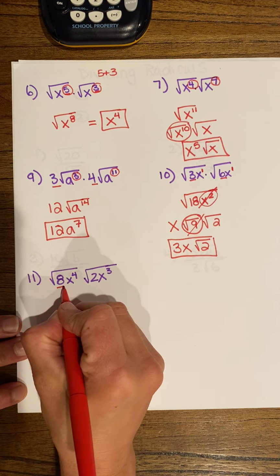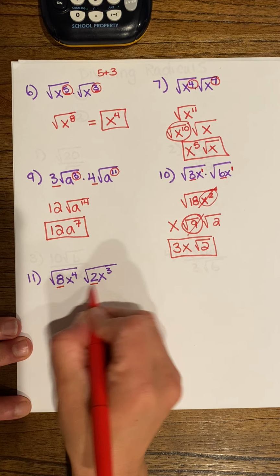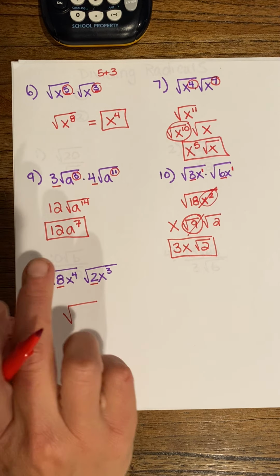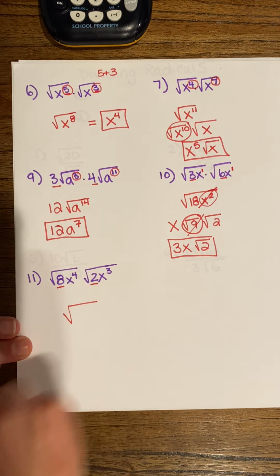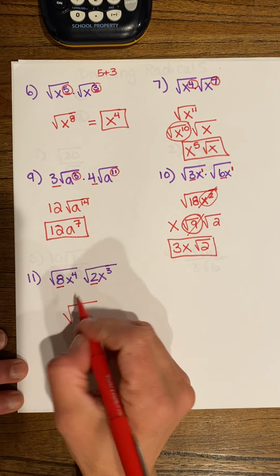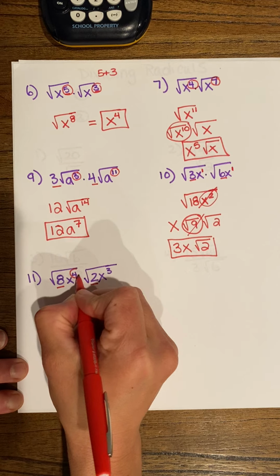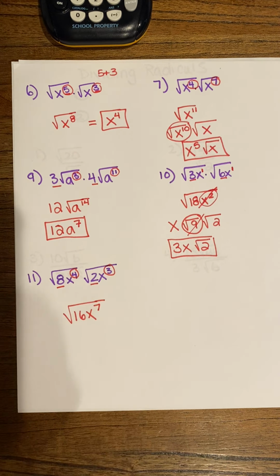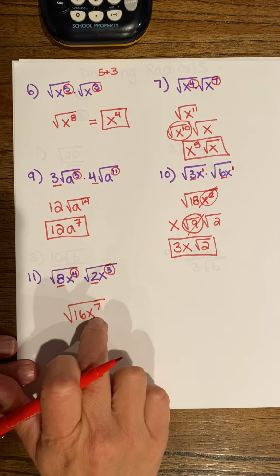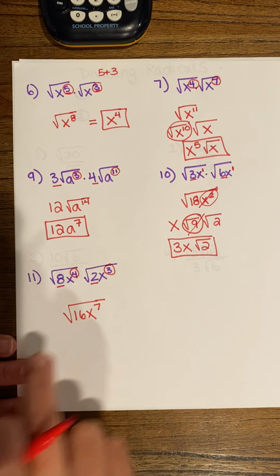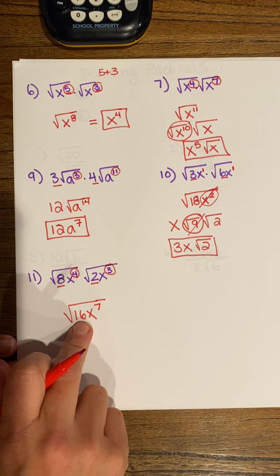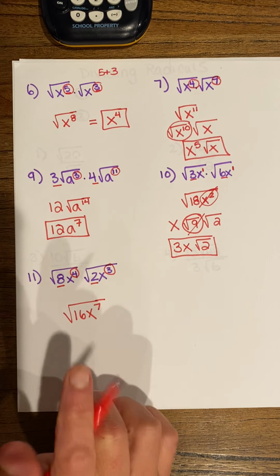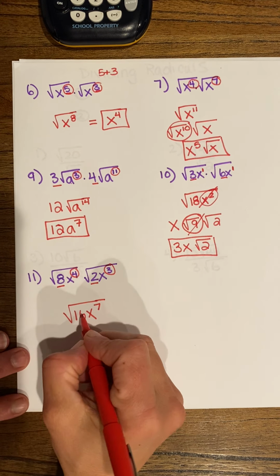So here I multiply out again, everything stays inside a rad because there's nothing on the outside of the rad. 2 times 8 is 16. Add the exponents and I get x to the 7. This time the exponent isn't perfect because it's odd, but do you see the number is perfect? If you see a number that's already on your list, just square root it right away.